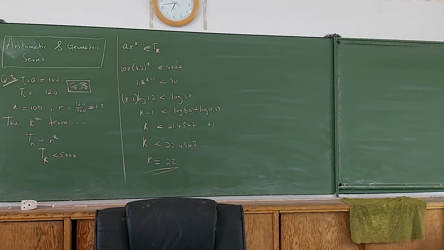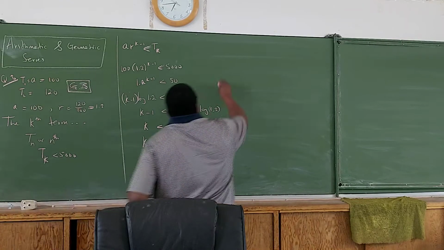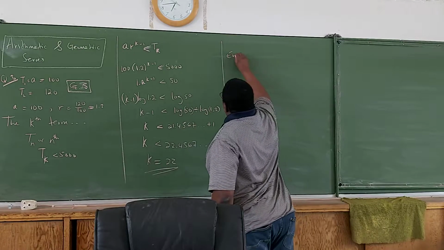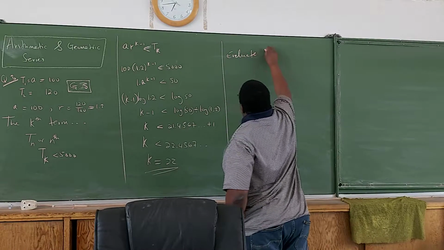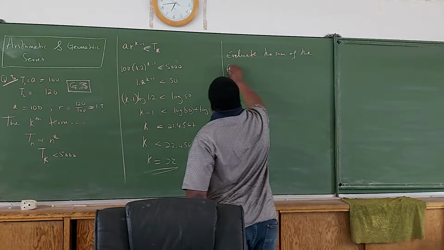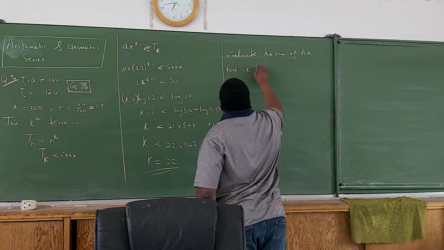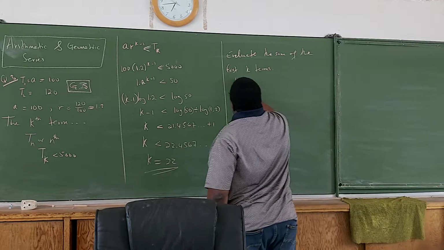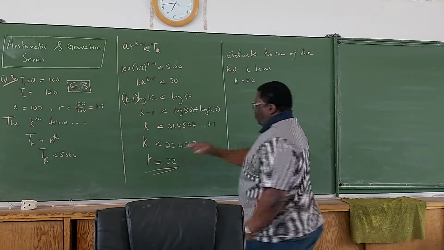So now they say evaluate the sum of the first k terms. But we know k is equal to 22.